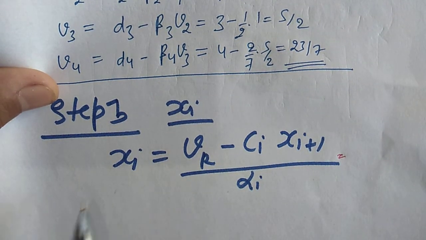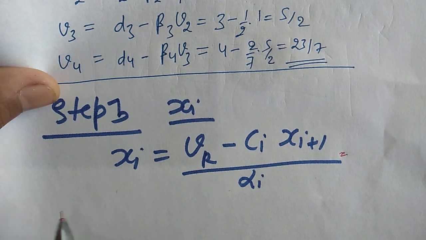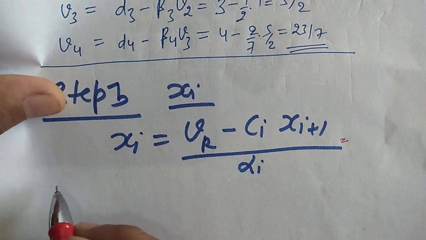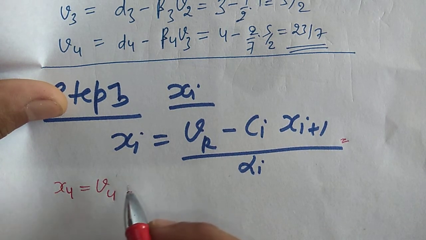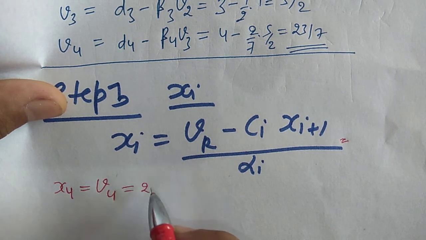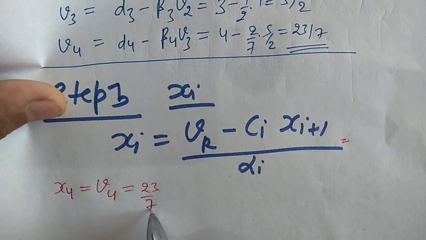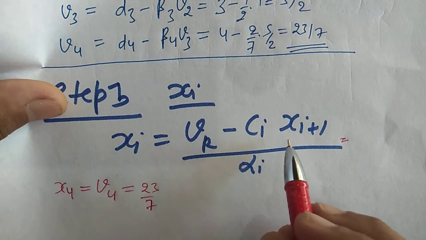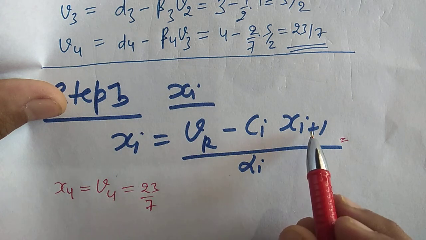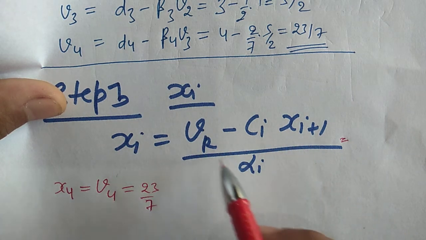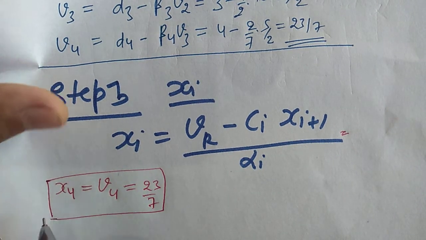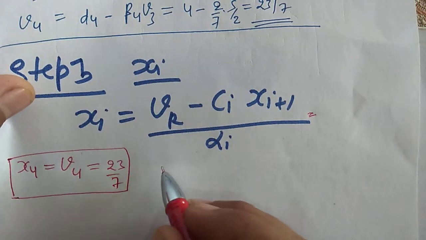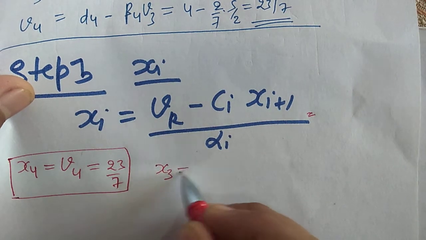So x4 we can directly write as V4, that is 23 by 7. Because for 4 it is not valid, x4 will be V4. Now we can find x3. We are going by back substitution, see the formula.